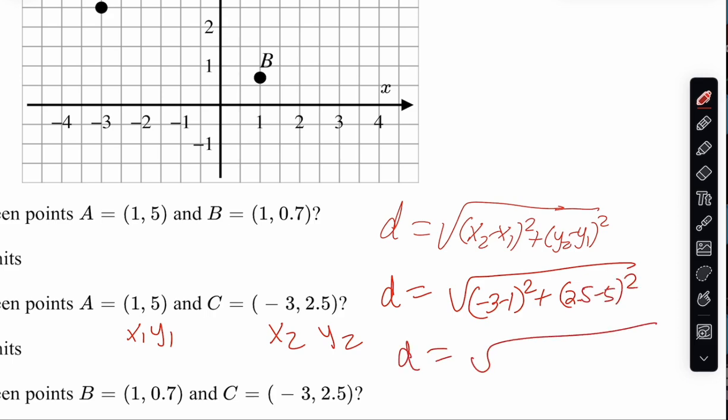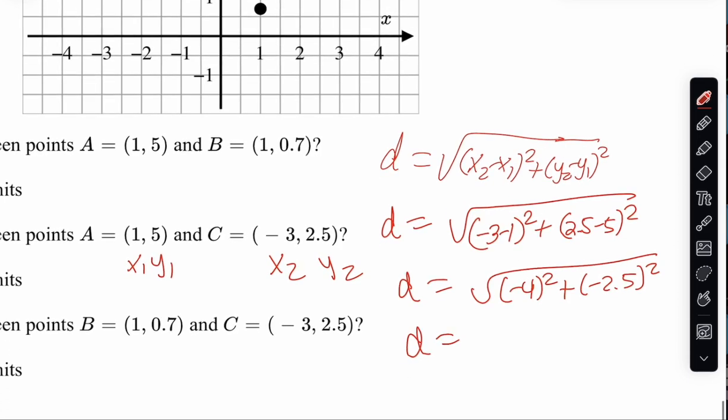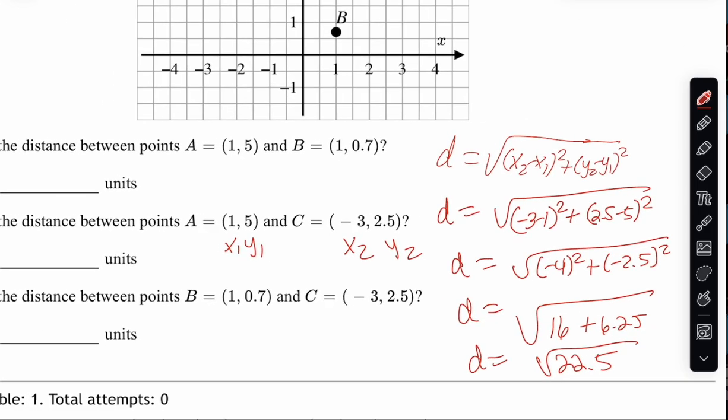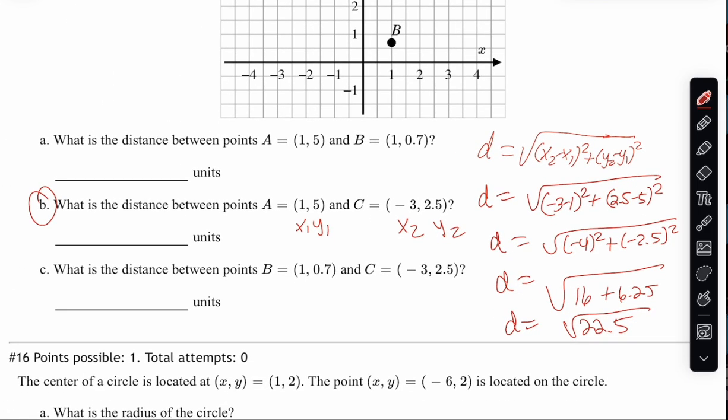Now keep your value in parentheses so that you remember you have to square a negative or a positive, and that's going to become a positive. So in this case, we get 16 plus 6.25, or the square root of 22.5. So that's just a basic distance formula. Make sure you have that formula memorized for the test.